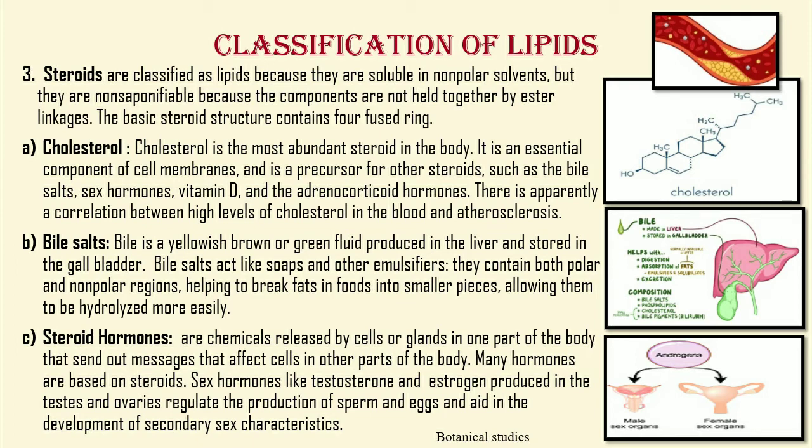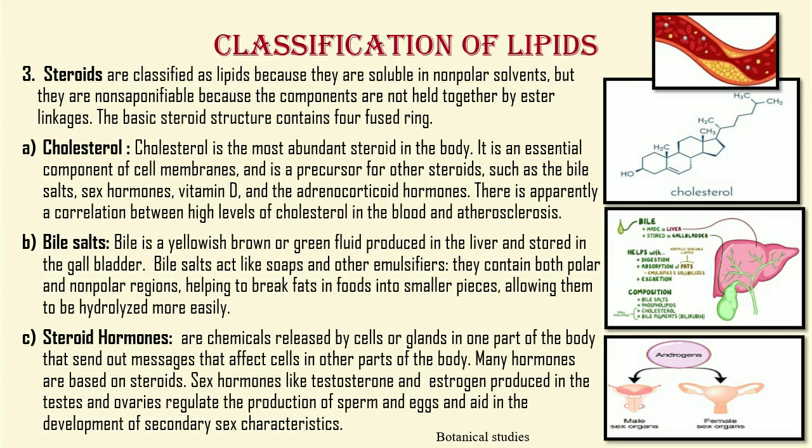Third group of lipid is the steroids. Steroids are classified as lipids because they are soluble in non-polar solvents, but they are non-saponifiable because the compounds are not held together by ester linkages. The basic steroid structure contains four fused rings. There are three different types of steroids: cholesterol, bile salts, and steroid hormones.